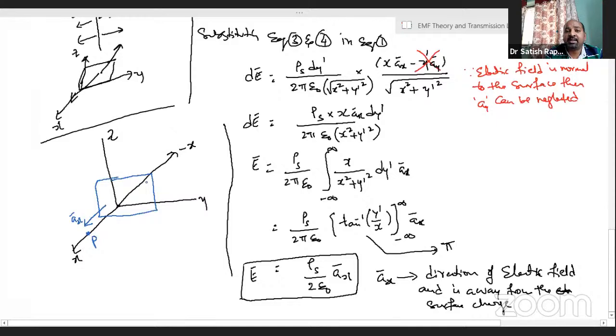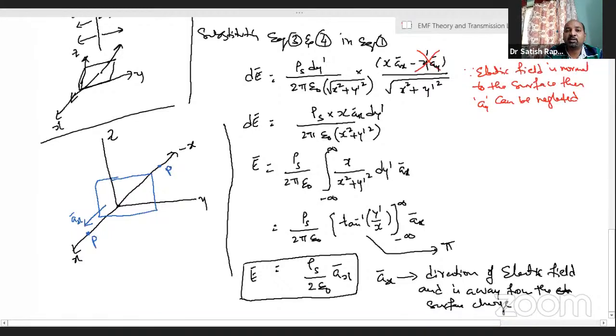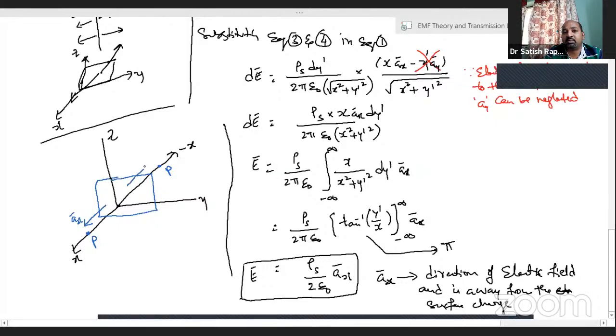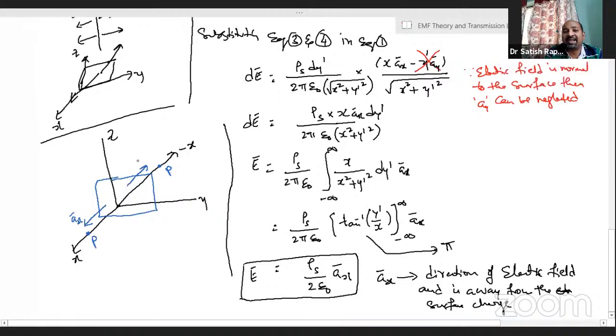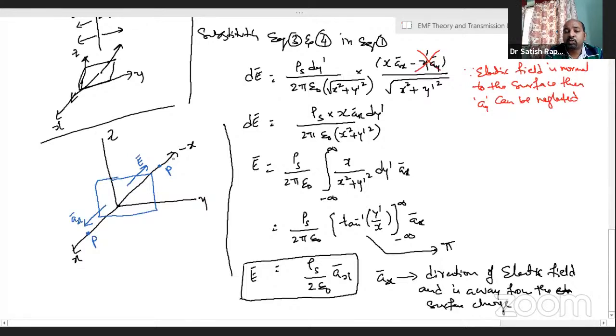Now, contrarily, if the point is considered on the negative x-axis, then what is the direction of electric field? The direction of electric field is again towards the point. Here is the point we have considered, and the electric field is towards the point, in the sense of negative x-axis.